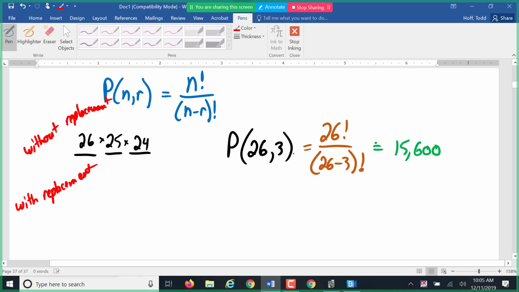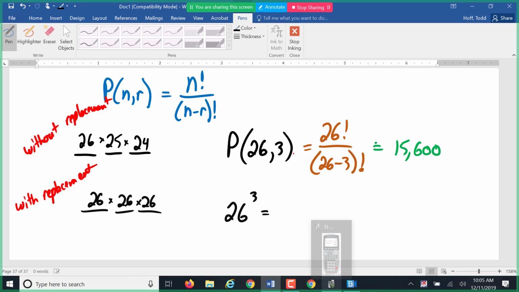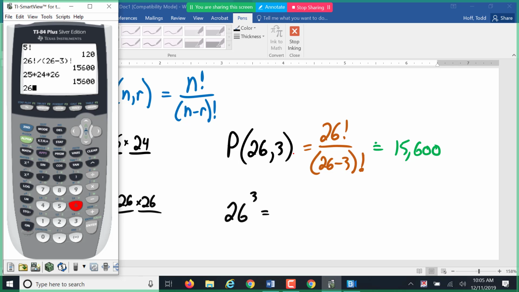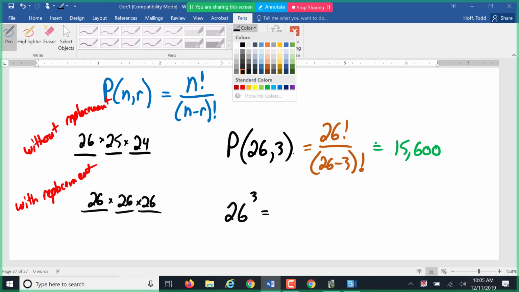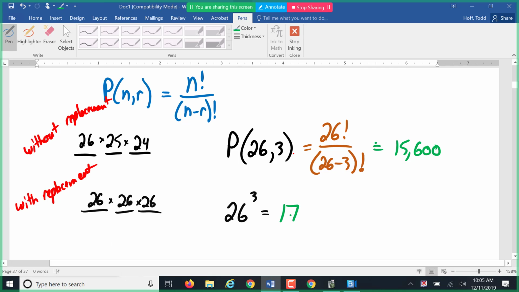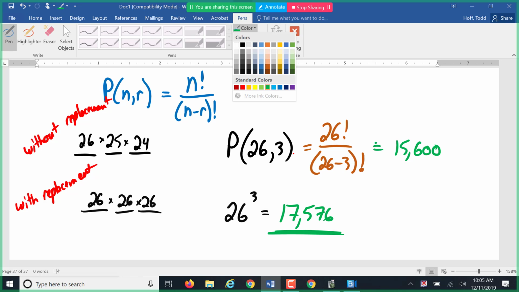So the numbers could be repeated. Well, that's just 26 times 26 times 26. That's just the number of possibilities to the power of the number of items chosen. And you see that that's a slightly higher number, 17,576 items.